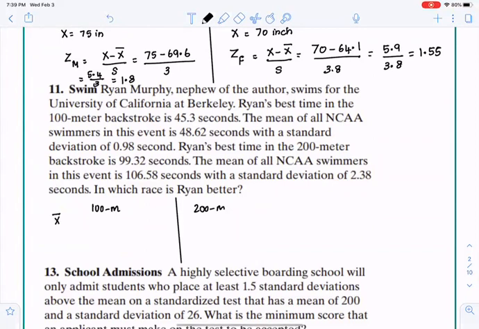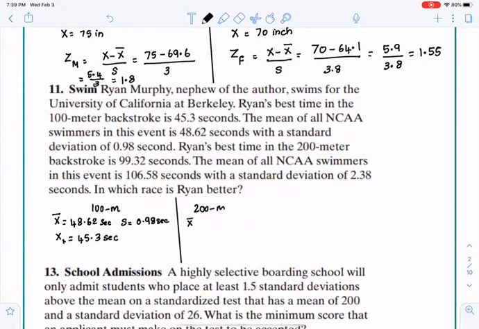So for the 100 meters, they have a mean of 48.62 seconds. The standard deviation is 0.98 seconds. The observation for Ryan, we'll call it X1, is 45.3 seconds.